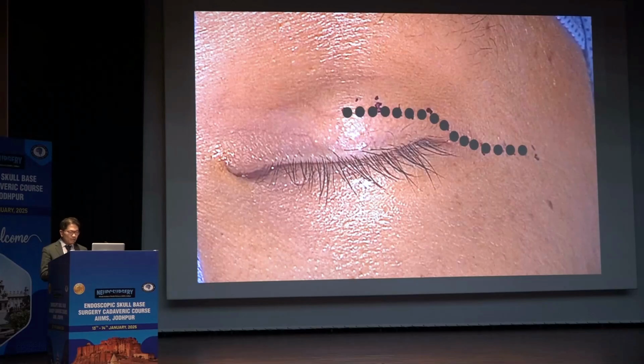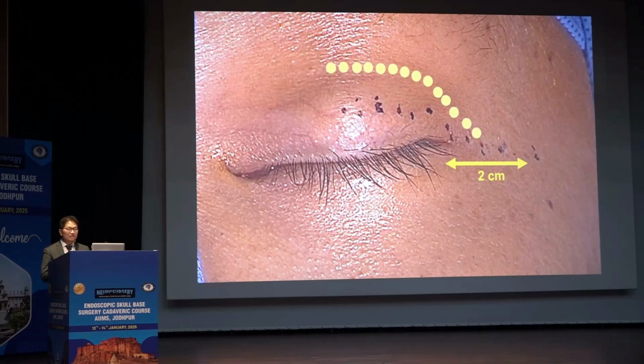We call it the modified Crinoline incision. The incision is from the middle of the eyelid extending to the lateral part, from the lateral canthus, 2 centimeters, to avoid injury of the frontal lobe. And sometimes you can use a higher incision, and also an infra-eyebrow incision is okay.